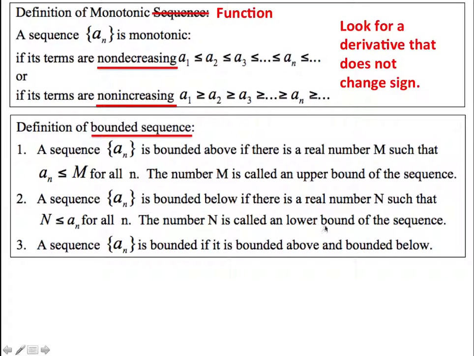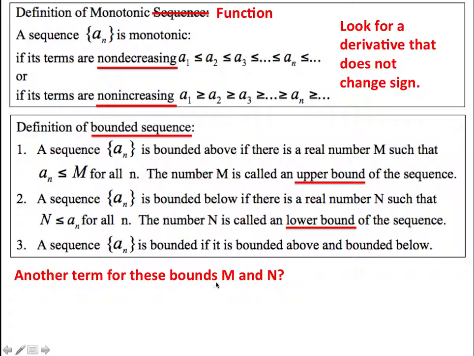And if it has a lower bound, that means the term values are starting out high and decreasing, and approaching a bound at the bottom. The last squeeze theorem had a bound on the top and on the bottom. So for the bounded sequence, we've really been checking for that all along. That's determining whether or not the limit exists.